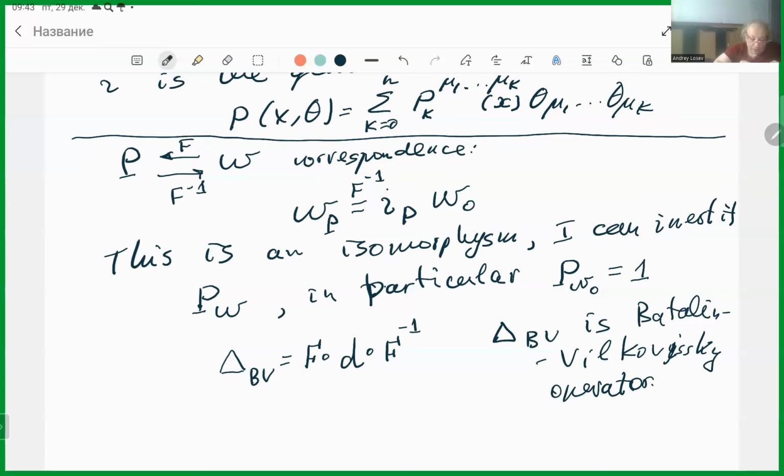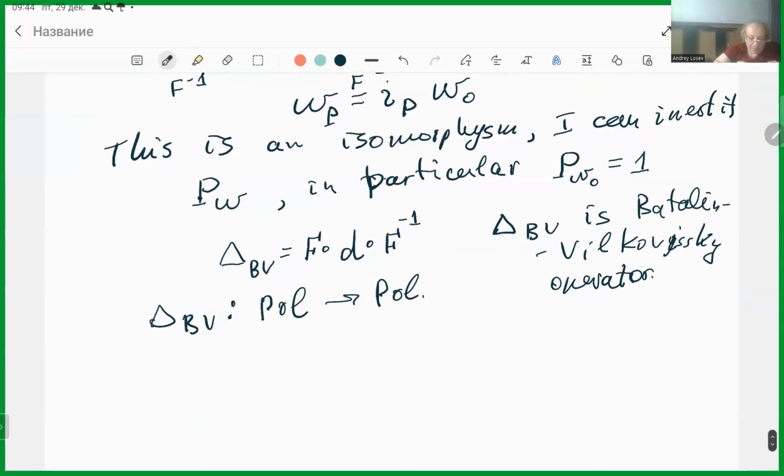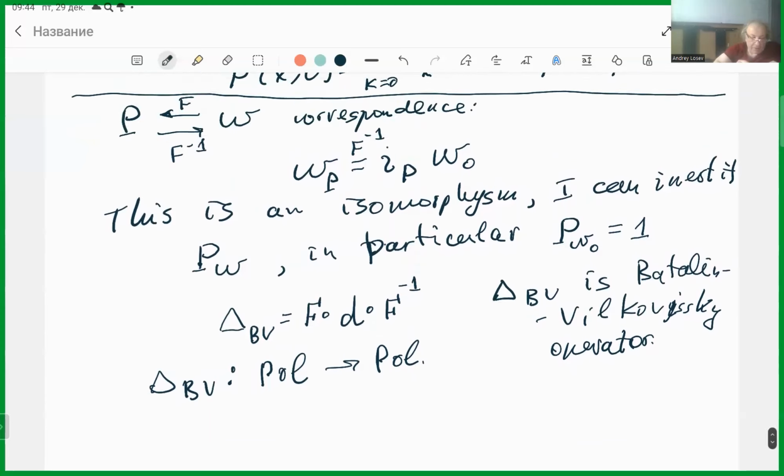So what is it doing? This operator takes a polyvector into a polyvector. So f minus 1 takes polyvectors to differential forms.